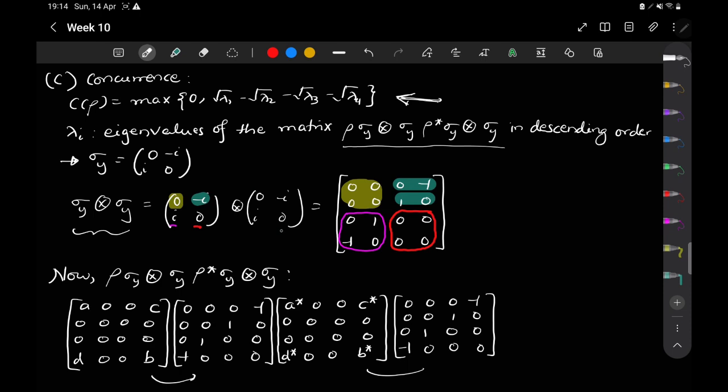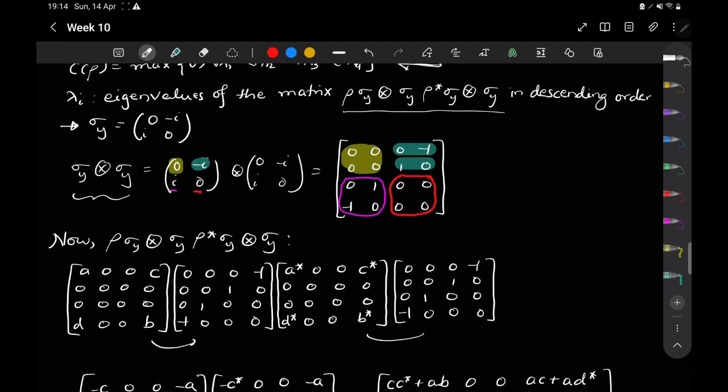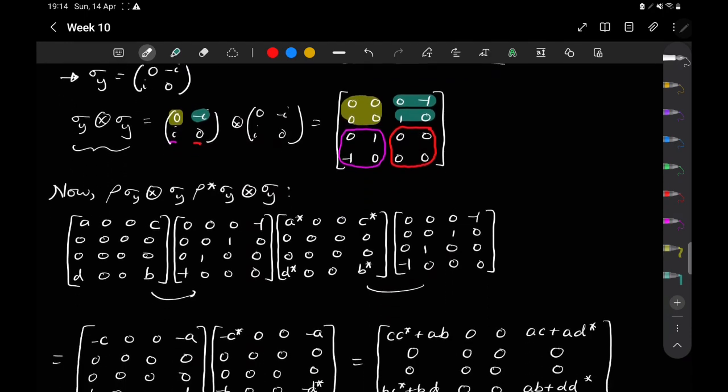So 0 times this sigma y matrix is this 0 matrix. Minus i times this sigma y matrix is this 0 minus 1, 1 0. i times sigma y matrix is 0 1, negative 1 0, and 0 times sigma y is once again 0 matrix. So that's how you find the tensor product.